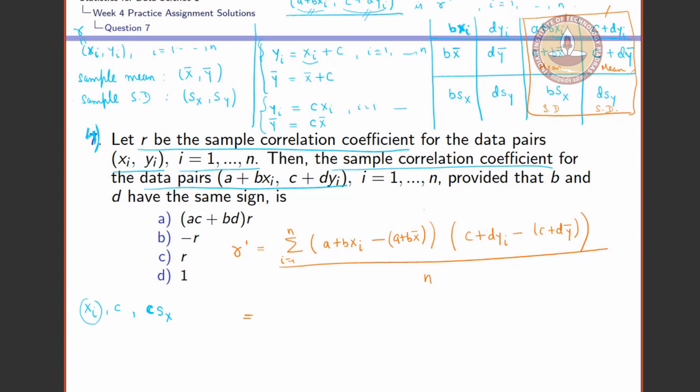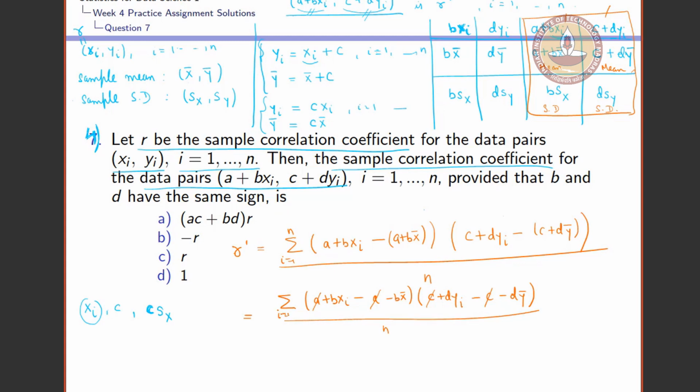Let's calculate this. This is sum over a plus bxi minus a minus bx bar into c plus dyi minus c minus dy bar. So here a and a will cancel out, c and c will cancel out, divided by n.